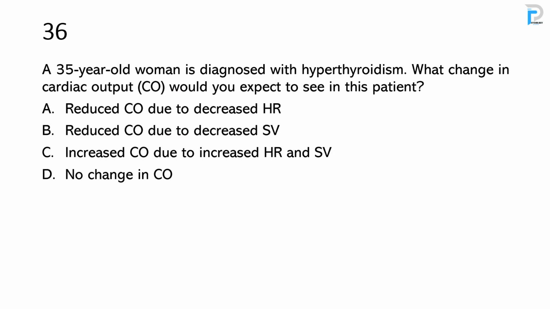A 35-year-old woman is diagnosed with hyperthyroidism, an increase in the level of thyroid hormone. Which change is going to happen in her cardiac output? Of course, in hyperthyroidism, these patients are likely to develop hypertension because they are likely to have an increase in cardiac output.